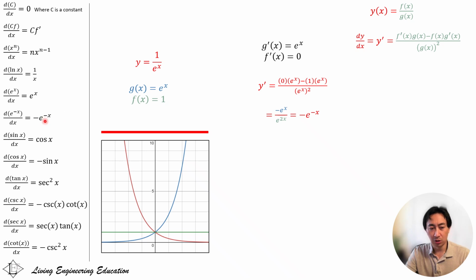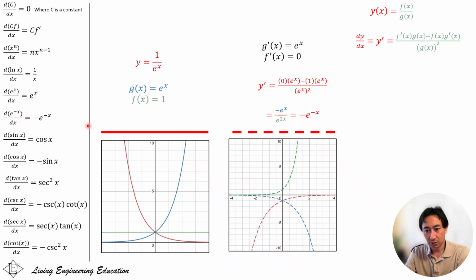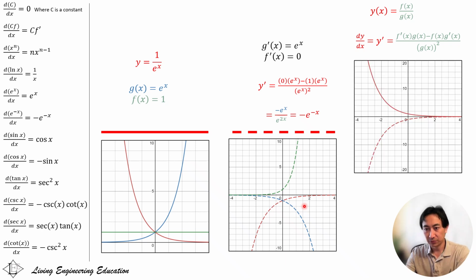Well, you can also see that if you take the derivative of the negative e to the negative x, you get e to the negative x. And so it will keep going back and forth. So if we take a look, all right, so here are the graphs of all the derivatives and the numerator and denominator. But if I look at the derivative of e to the negative x, my full function, and negative e to the negative x, my derivative, you'll see that they are the derivatives of each other, which is not always the case, right?